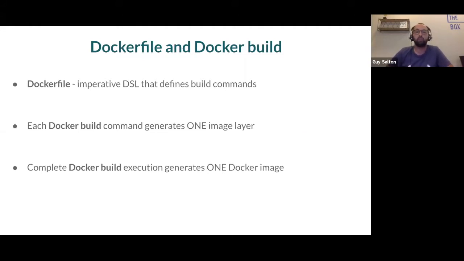Each of these build commands will generate one layer, and for the whole Dockerfile, we usually create one Docker image. This works great, and this is the basics of Docker. So again, one Dockerfile will create one image.